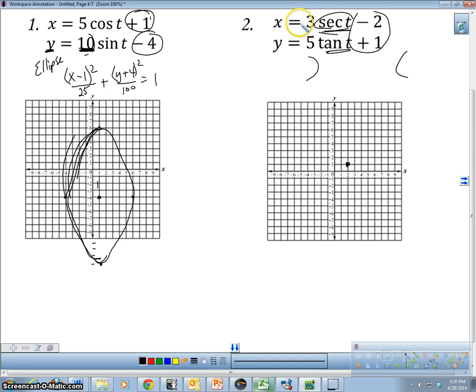And then this is A and this is B, so we know that our asymptotes are going to be at 5 over 3. So up 5, 1, 2, 3, 4, 5 over 1, 2, 3. And there's our asymptote. And then down 1, 2, 3, 4, 5 over 3. There's our other asymptote.